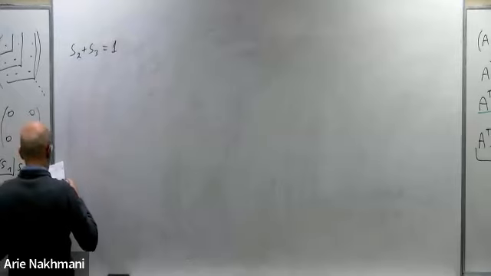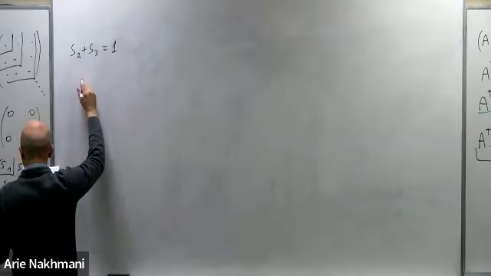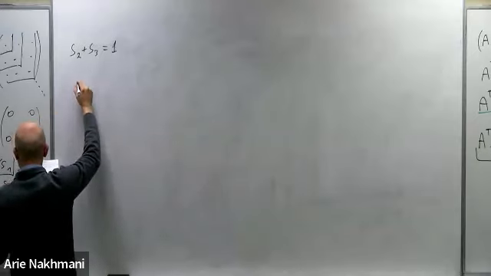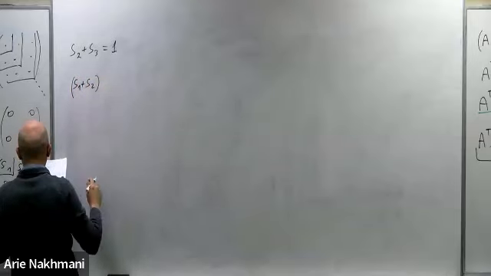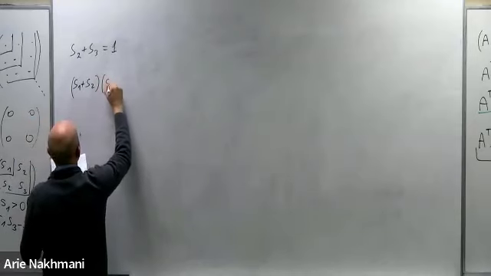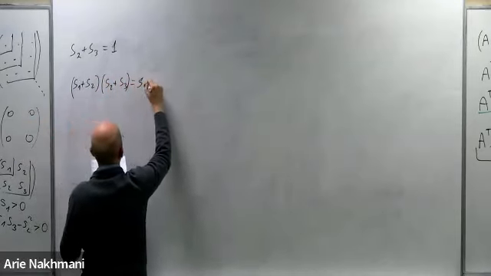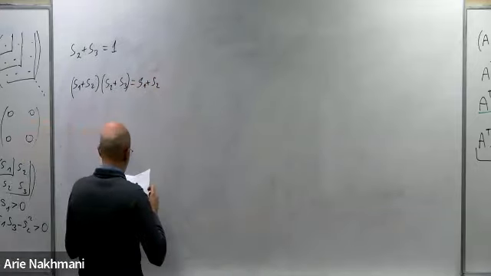So given that, when you substitute that thing to the second equation, what you get is S1 plus S2 times S2 plus S3 equals S1 plus S2, because this is 1, right?